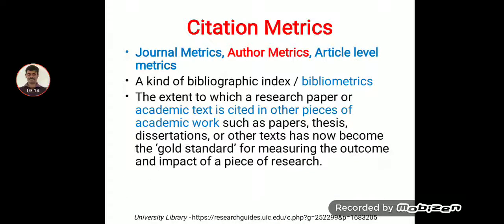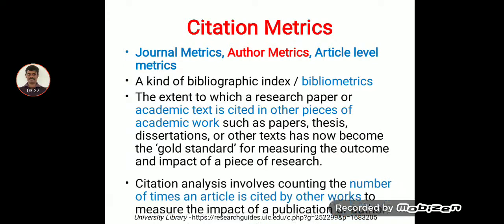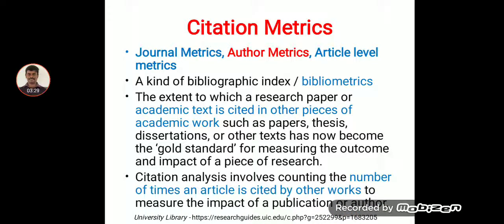It measures the extent to which a research paper or an academic text is cited in other pieces of academic work, either papers, theses, dissertations or other texts. Citation analysis involves counting the number of times an article is cited by other works to measure the impact of a publication or an author.